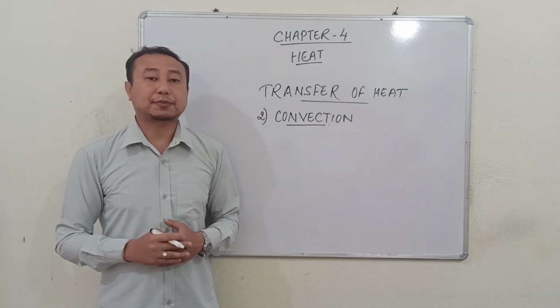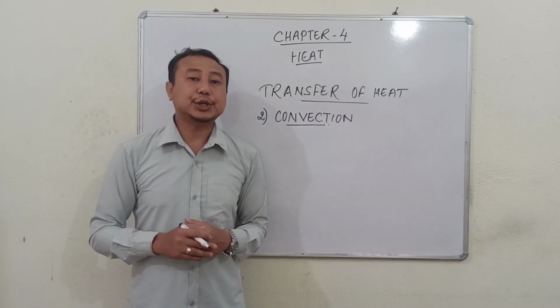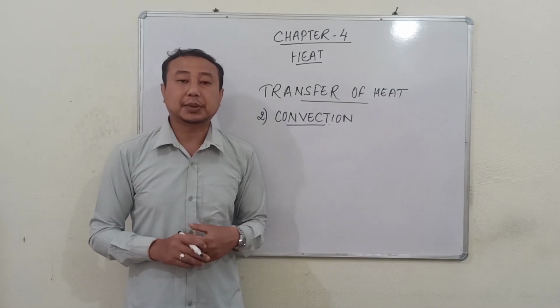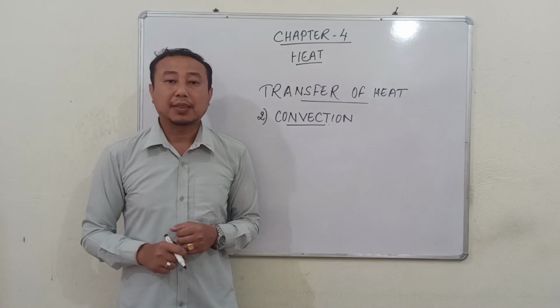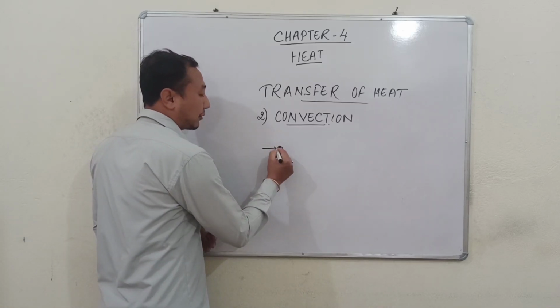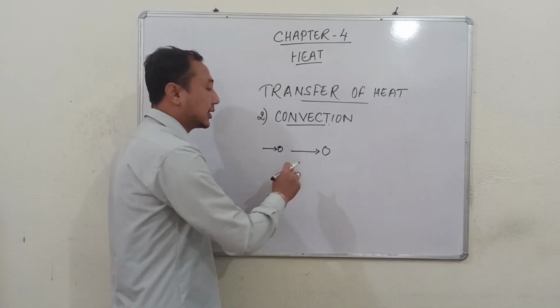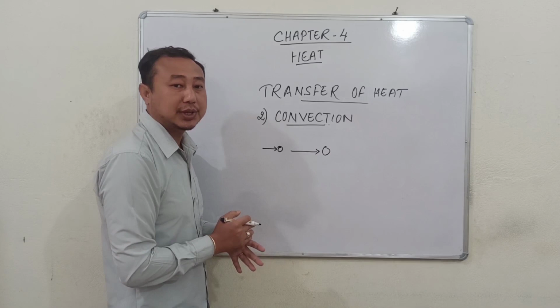The second process of transfer of heat energy is known as the convection. Convection is the process of transferring the heat energy by the movement of the particles. That means that one particle of a substance will absorb the heat energy and it will move to the neighboring particles and it will transfer the heat energy to them.